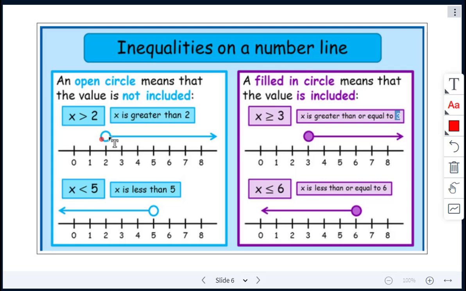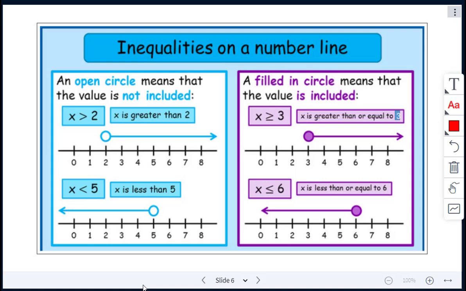So we use this open circle, and then we draw our arrow pointing to the right to show that the solutions are greater than 2. Here we have x is less than 5. So again, we used an open circle at 5, and the arrow is pointing to the left to show that all the solutions are less than 5.